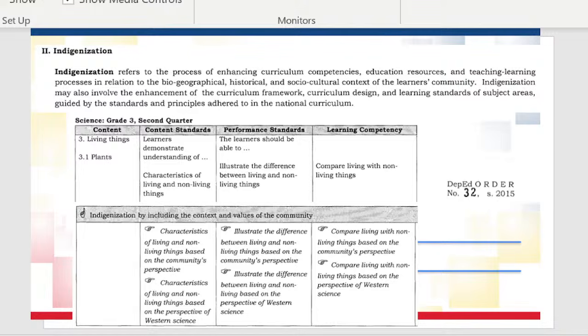The competencies. So, in indigenization, we can include the context and values of the community in the content standards, as well as in the performance standards, as well as in the learning competency.